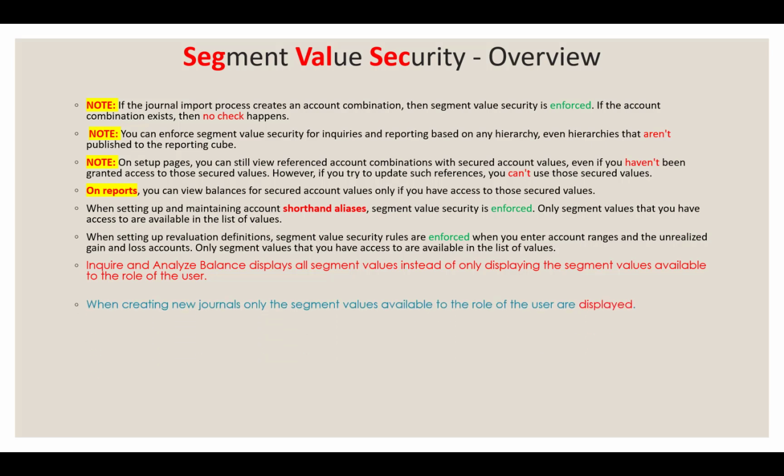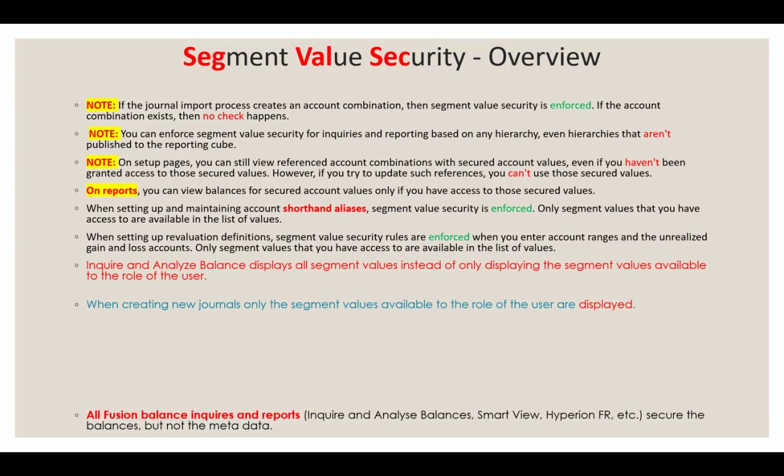When creating new journals, only the segment values available to the rules of the users are displayed, and whatever is secured will not be displayed.